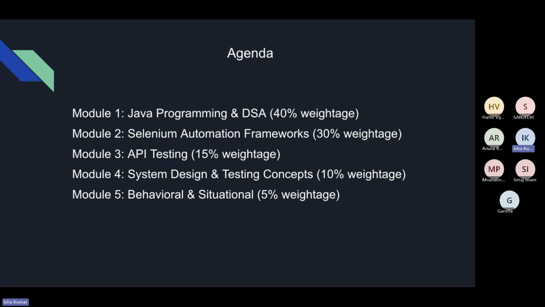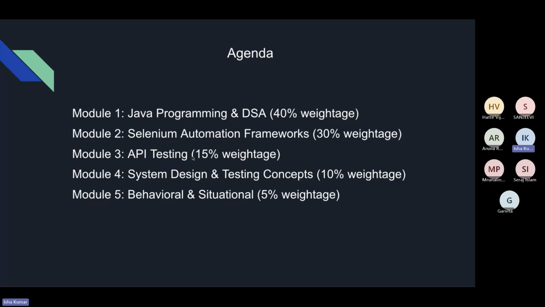This SDET interview preparation course is designed so that we cover 40% on the Java DSA side, 30% weightage to the Selenium automation framework, and 15% to API testing. We are not discussing a full-time API automation role here. If the interview specifically mentions they want a pure API person, then this weightage is very less and we would have to cover at least 80% API.